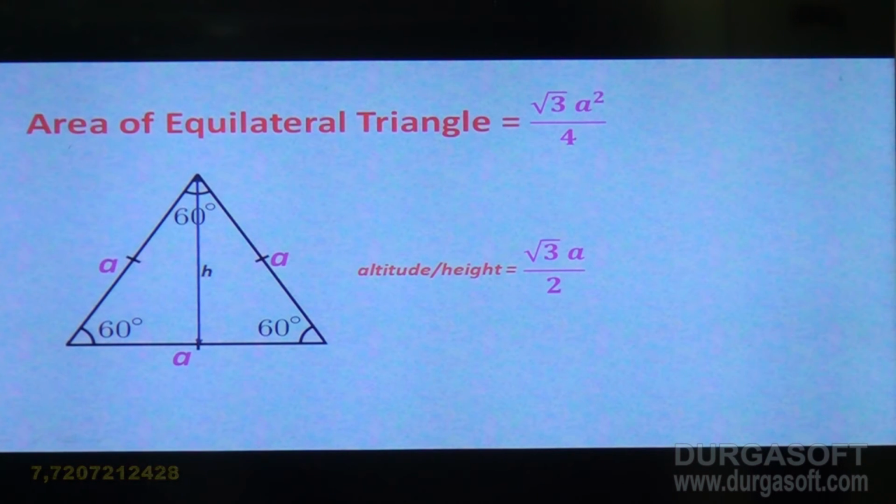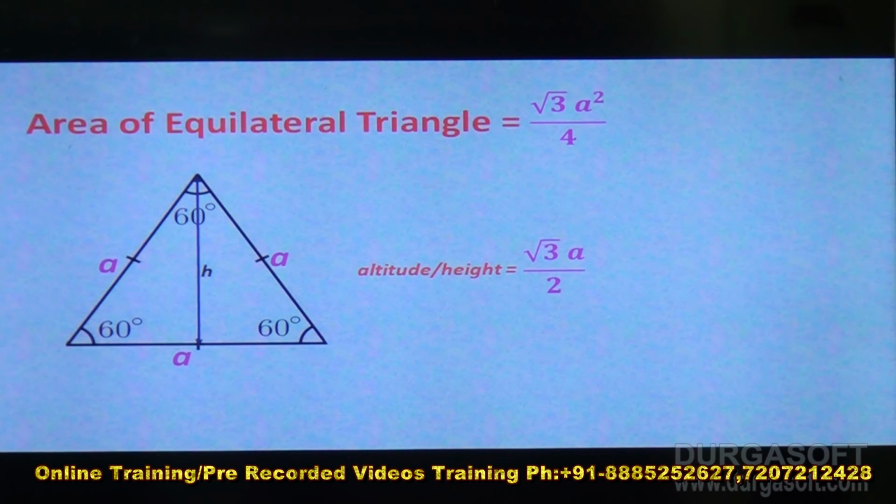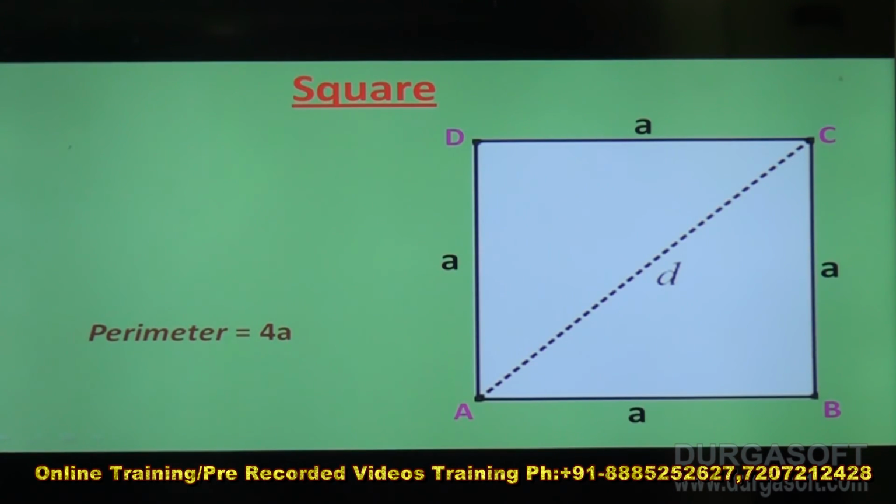Let's go for the next figure. Let's discuss the square here.